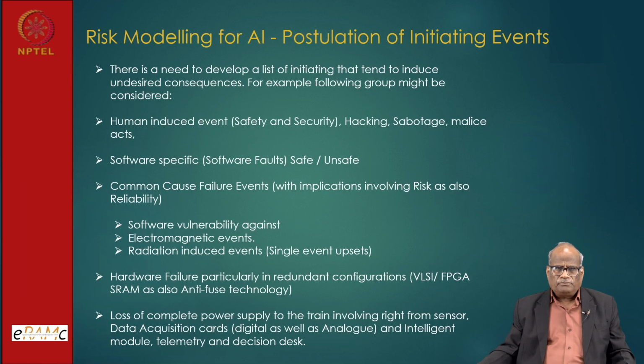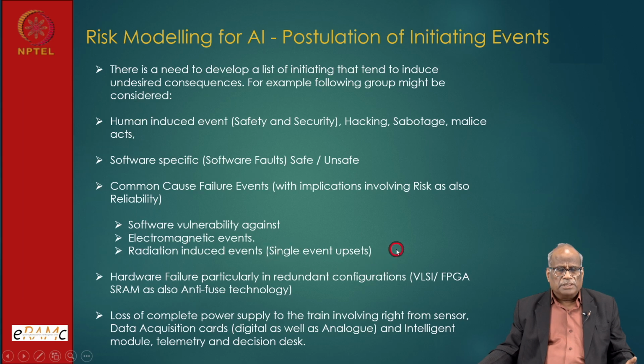Now the way we do risk modeling in AI also, we have to induce a lot of initiating events which are possible. It could be anything. It could be hardware related, it could be environment related, it could be deliberate attempts like EMI, EMC, electromagnetic interference, and we have to see the phenomenon called single event upset, or some radiation environment.